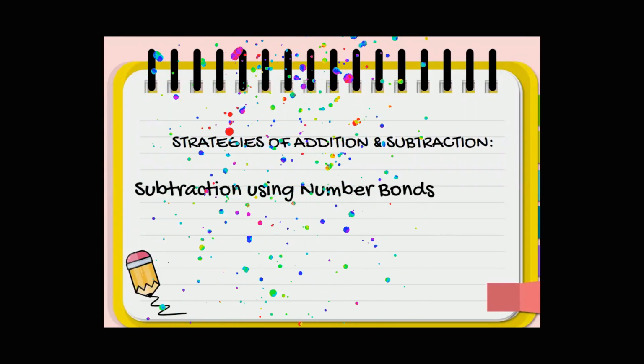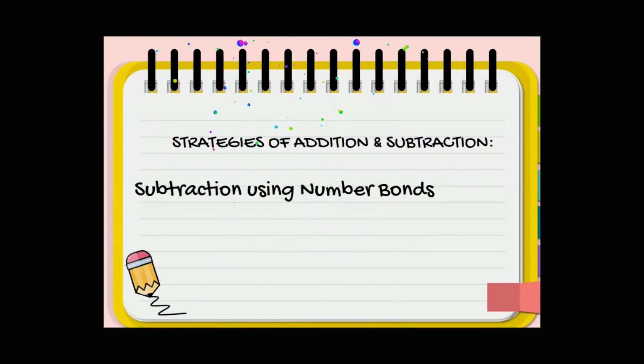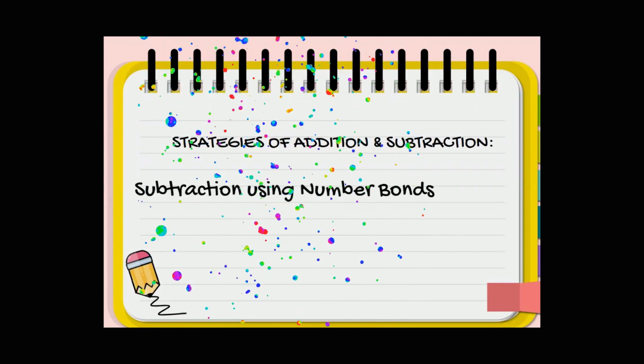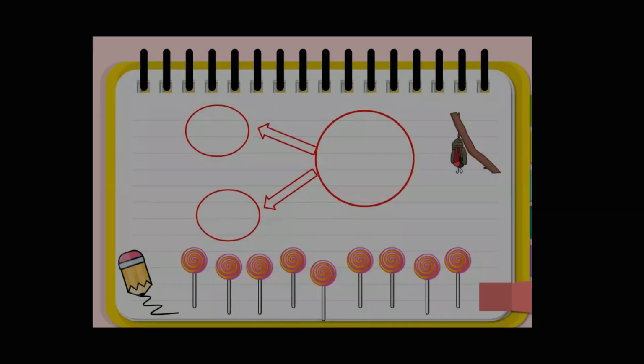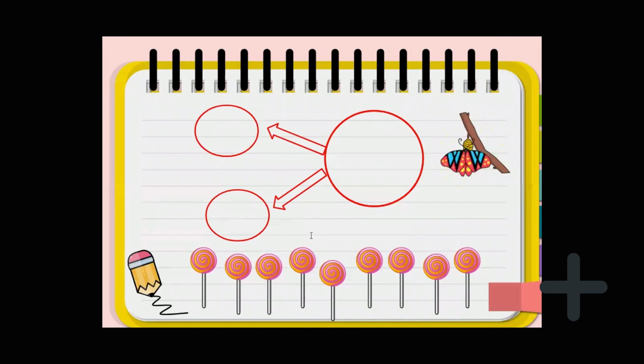Let's explore one more strategy, which is subtraction using number bonds. You have 9 lollipops. Let's write it over here. You have 9 lollipops, and a very hungry caterpillar comes and eats away 5 of them. So let's see what the number sentence would be. So this is your total number.